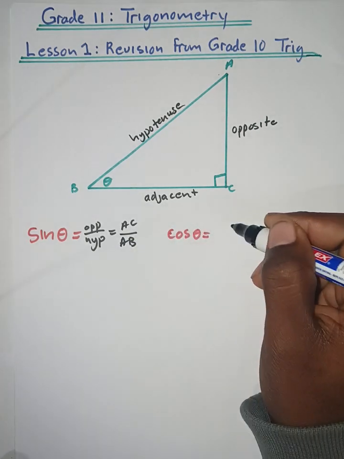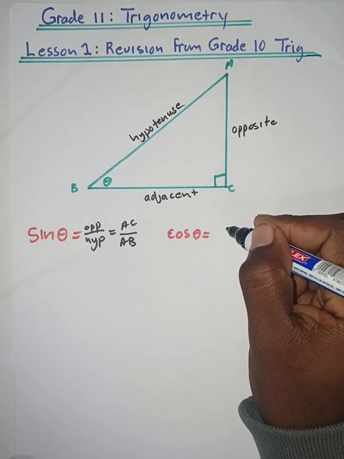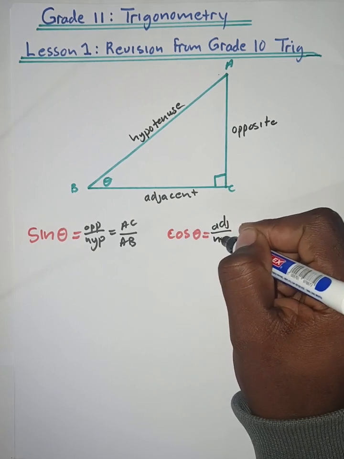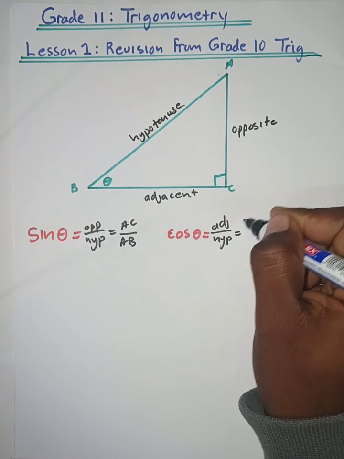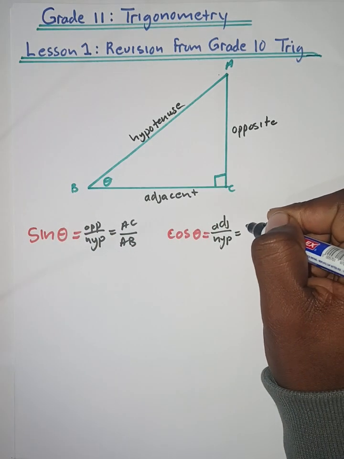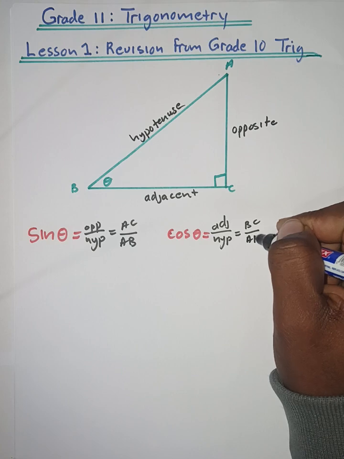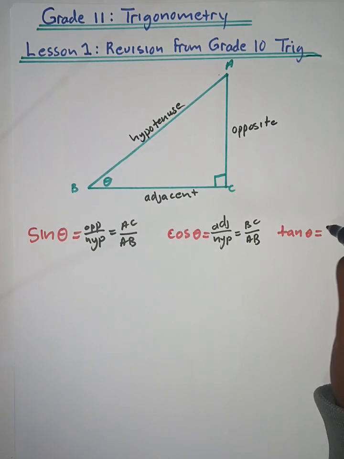For cos, that's the adjacent over the hypotenuse. In terms of that triangle, that would be BC all over AB. And for tan, it's the opposite again, if we are standing on theta.